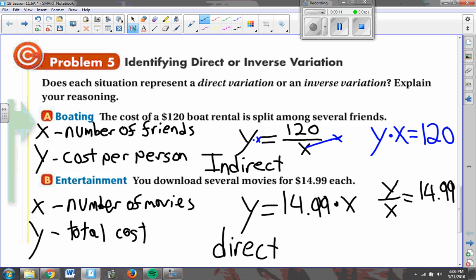Okay? So I've decided that this boat example is indirect variation, and I've decided that the entertainment example is direct variation. My explanation, I think, is sufficient, just by listing my variables and then writing an equation. That's good enough explanation for me.